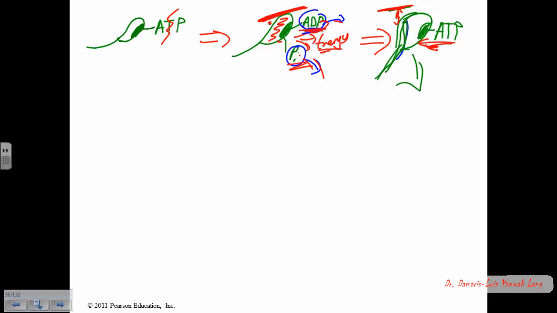Then the ADP and phosphate is going to fall off and ATP is going to be attached and then it will fall off as soon as the ATP attaches. So that is when the muscle gets relaxed. And when it gets cocked, which means it gets energized, and then it attaches, that's when it contracts.